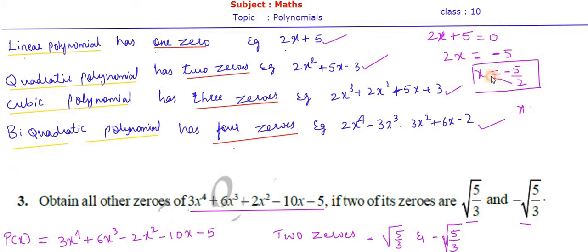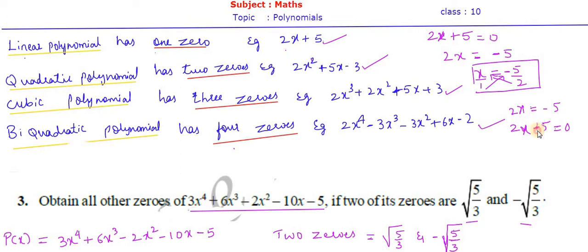Here 2x and 1 is there, so cross multiplying you'll get 2x is equal to minus 5. So 2x plus 5 is equal to 0. See, we come back to the original equation, from where x is equal to minus 5 by 2 we got. From that we come back to the original equation, 2x plus 5.